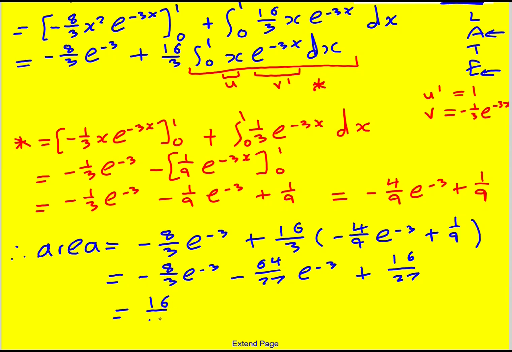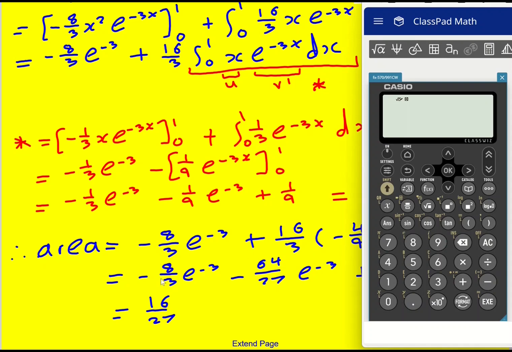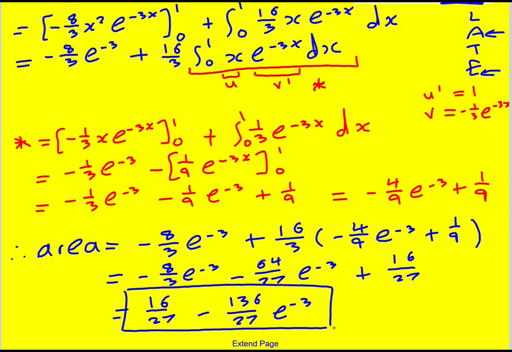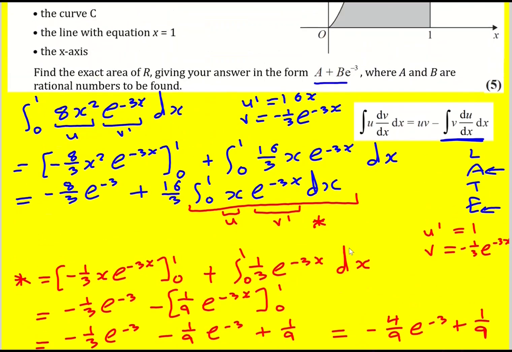We've got the 16 over 27, we'll leave that as it is. And then on your calculator, ignore the e to the minus 3 and do minus 8 over 3, then minus 64 over 27. It'd be minus 136 over 27 lots of e to the minus 3. And that is our exact area, and it's in the form required here.